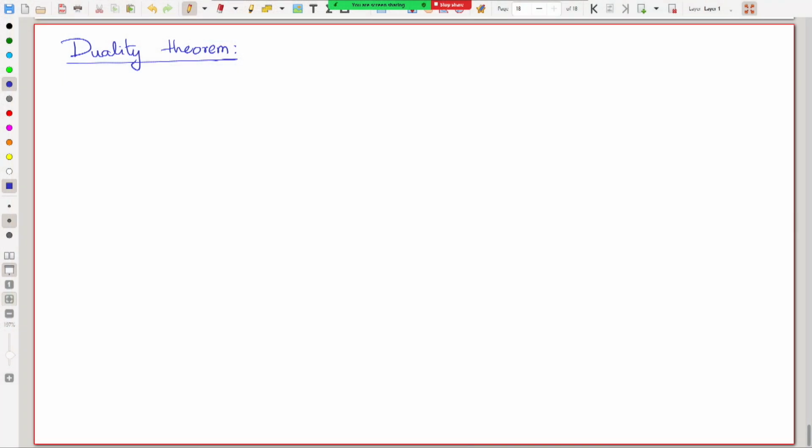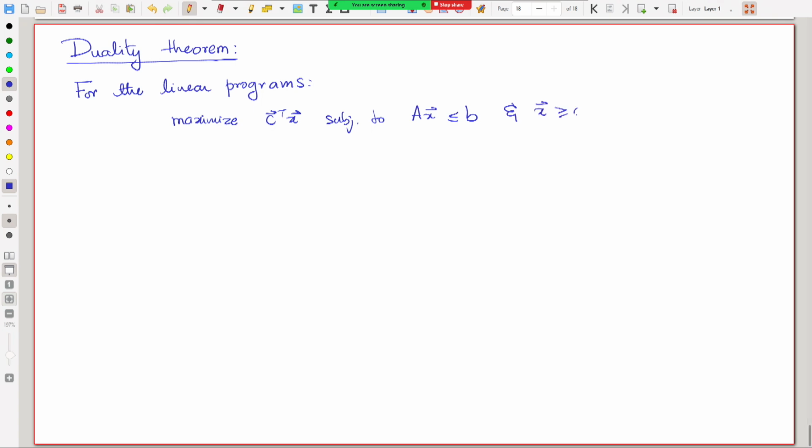Yes. So that's the duality theorem, and it's a non-trivial theorem. So the duality theorem says that, suppose you have the linear program, which we will call P: maximize c transpose x subject to Ax less than or equal to b, and x greater than or equal to 0.